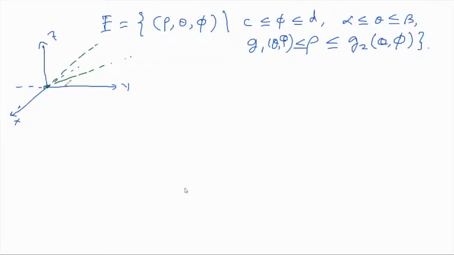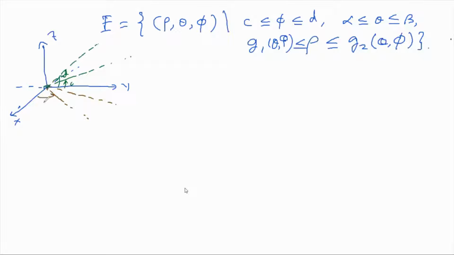So this is angle C, this is angle D. And theta is between two numbers, maybe theta here and here.